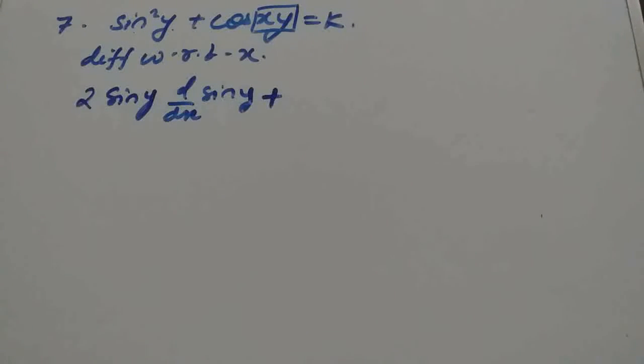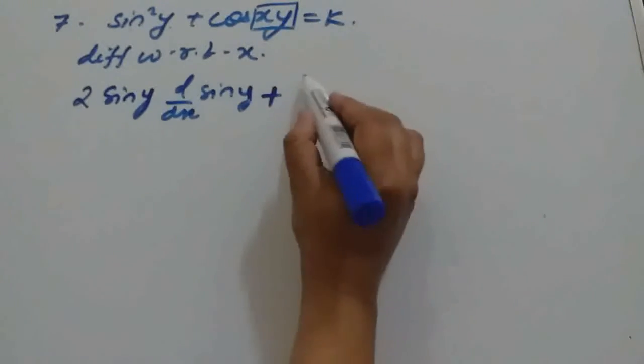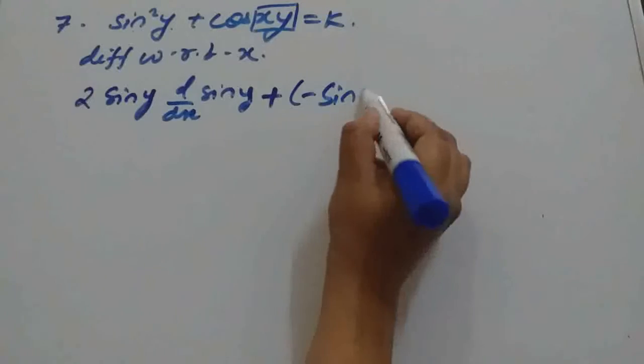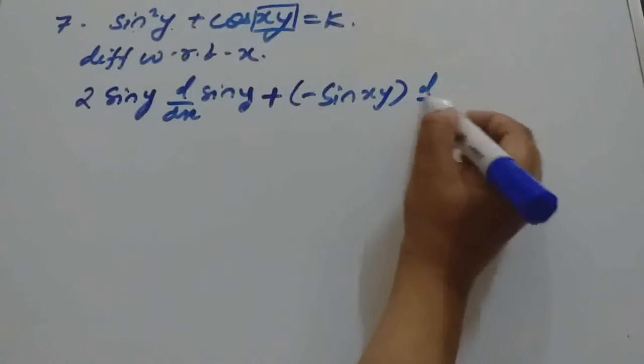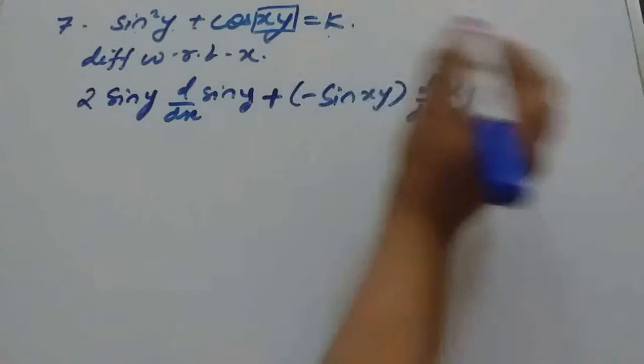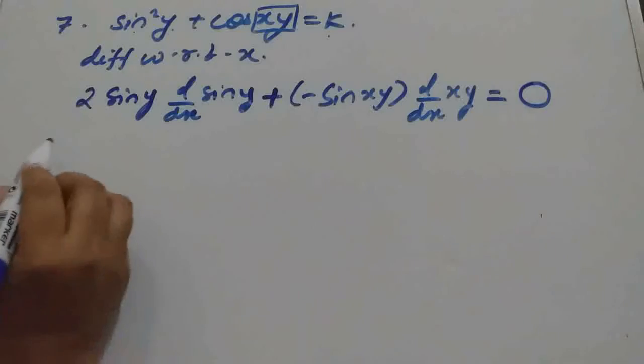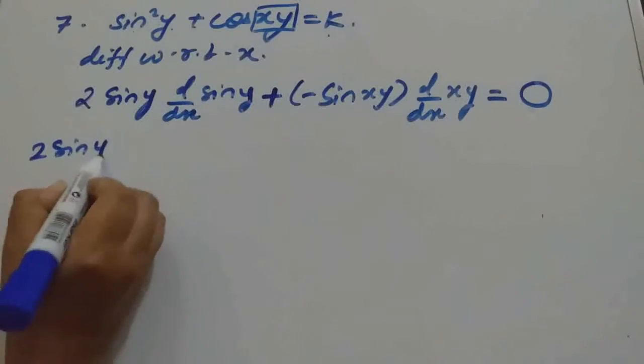Now here it is given cos xy. So this xy is a composite function. So the answer will be minus sine xy. But then derivative of the composite function. Okay, equals to k, for k is any constant, so derivative will be 0. Now 2 sine y.